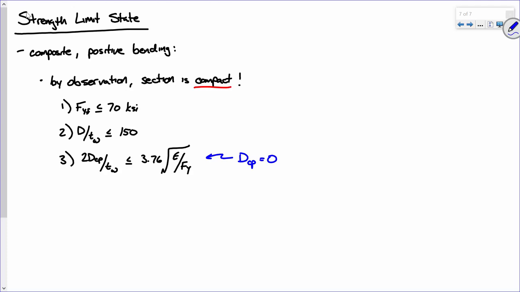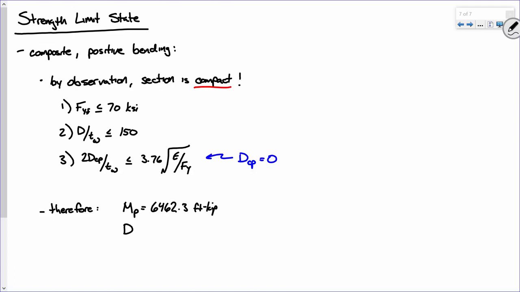All right. So if you have a compact section, we need three quantities. Okay? So I'll say, therefore, we need MP, which we already did, and it was 6462.3 foot kips.